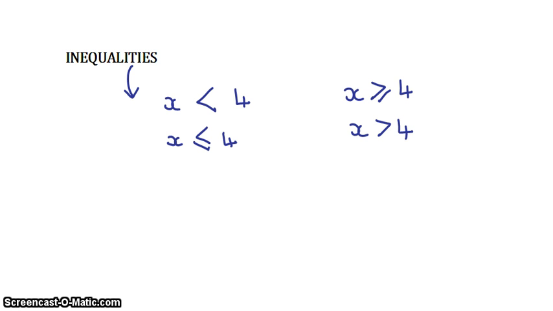Now, inequalities are particularly similar to equations when we're solving them. The only problem with inequalities is that dividing or multiplying by a negative number means that you have to be very aware of the inequality sign, and I'll explain that in a second. Other than that, inequalities and equations are very similar.